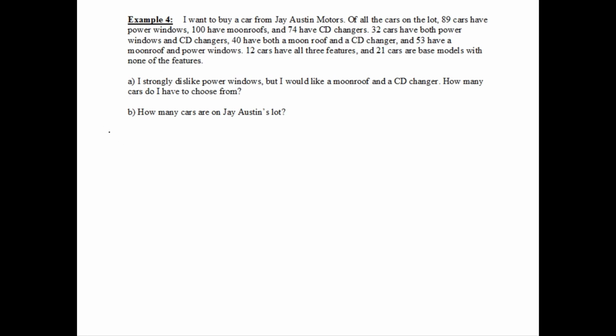So before we draw a Venn diagram, we have to define our sets. So let's let W be the set of cars with power windows. And let's let C be the set of cars with CD changers.